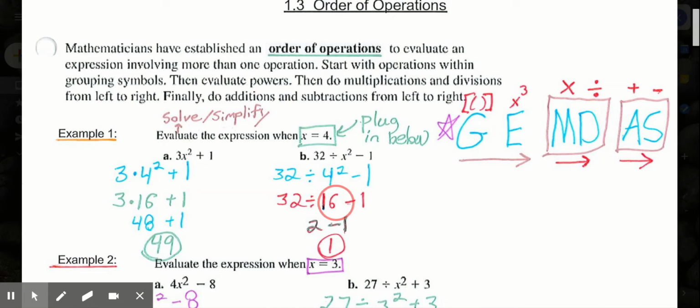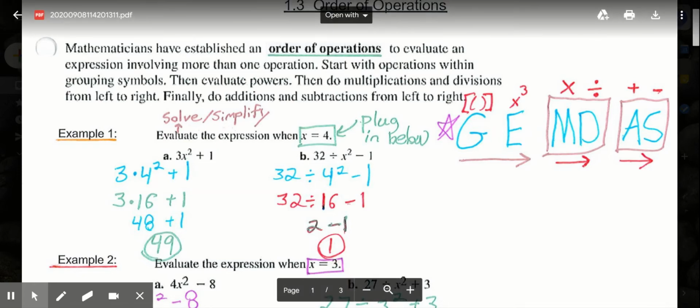Bring down anything I didn't use, so 32 divided by 16 minus 1. Then 32 divided by 16 is 2, so it's 2 minus 1, and 2 minus 1 gives us our final answer of 1. So again, you'll see each step of the way, I just wrote down my information and brought down what I didn't use to the next step.